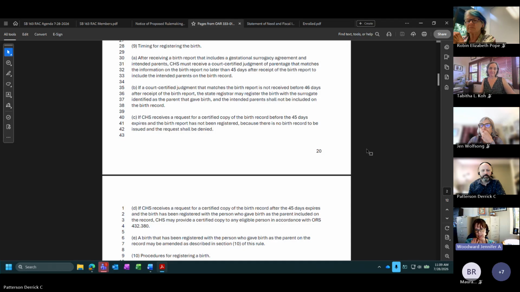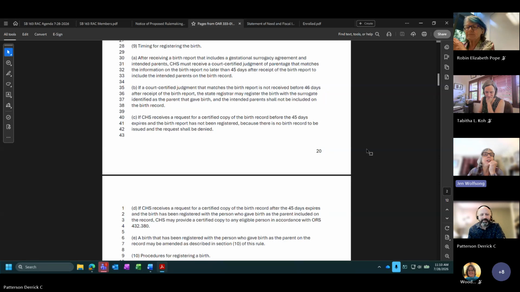And this was taking into account what happens if we never got a judgment, or we're holding this birth record for such a long time because we haven't seen anything to allow us to register it. Section 8 does say once we get the judgment, we will register the birth with the intended parents. The 9 was just seeing what happens if we never get the judgment. So that's what we were trying to do and making sure we were covering that. So that was the intent of 9, but I greatly appreciate your guidance and thoughts on that. And we'll turn it over to Jen.